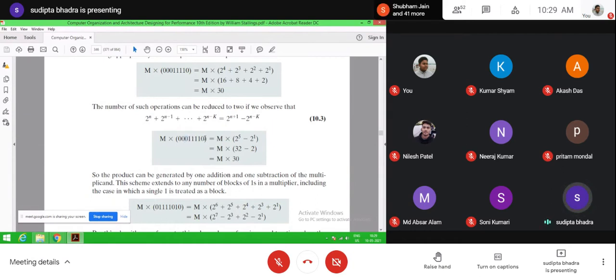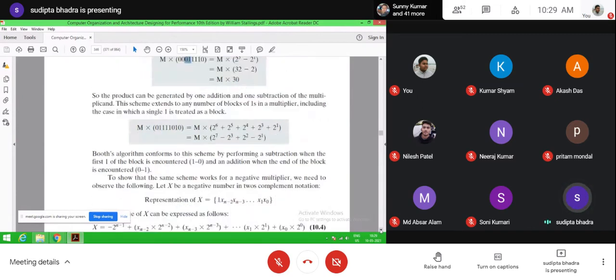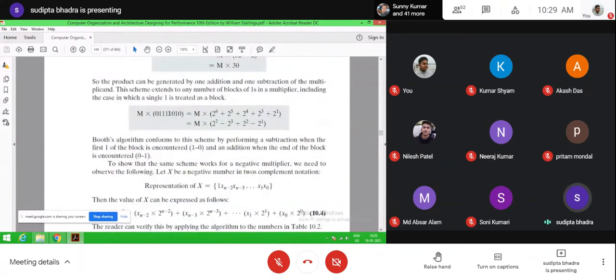Here 2 to the power 1 represents 1 0, 2 to the power 5 represents 0 1. So this gives us the idea that whenever the bit sequence is 1 0, there will be a subtraction, and whenever the bit sequence is 0 1, there will be an addition. So here let me show you this particular example.